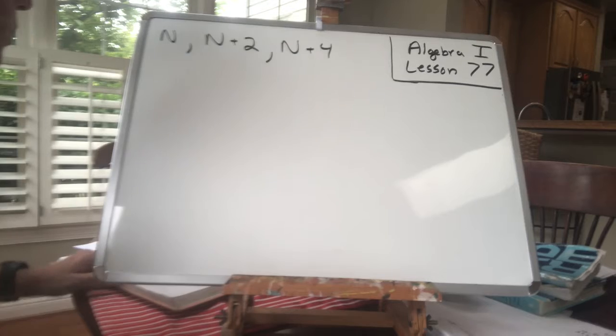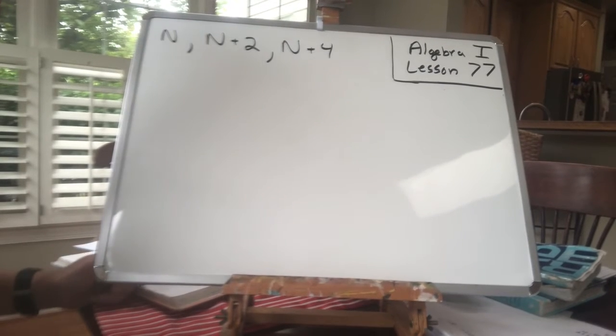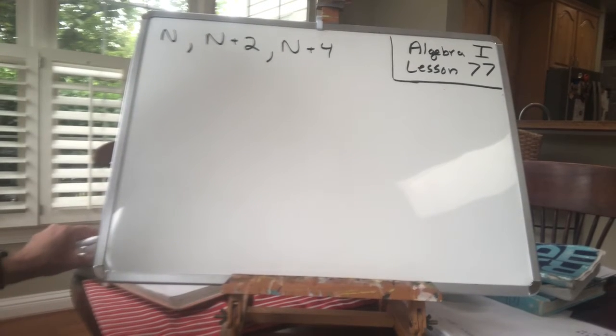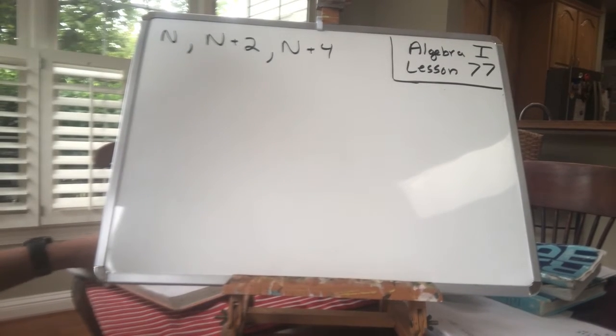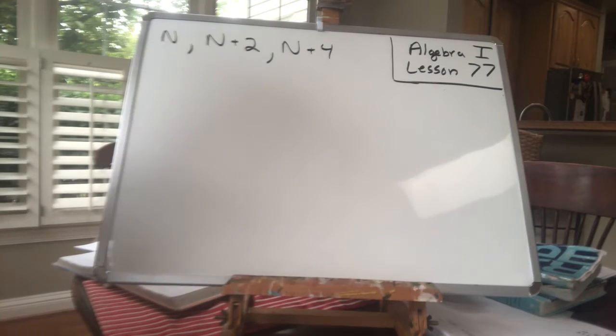We're on lesson 77, which is consecutive odd and consecutive even integers. And then the second half is fraction and decimal word problems. This is a lot like the last lesson. The first part of it is like the last lesson when we just did consecutive numbers. Now we're doing consecutive even or odd numbers.